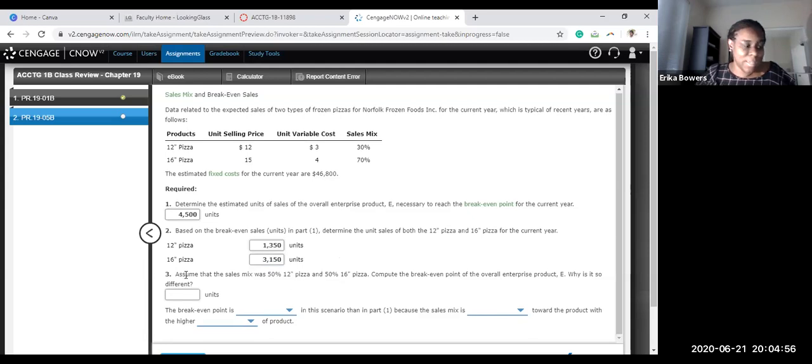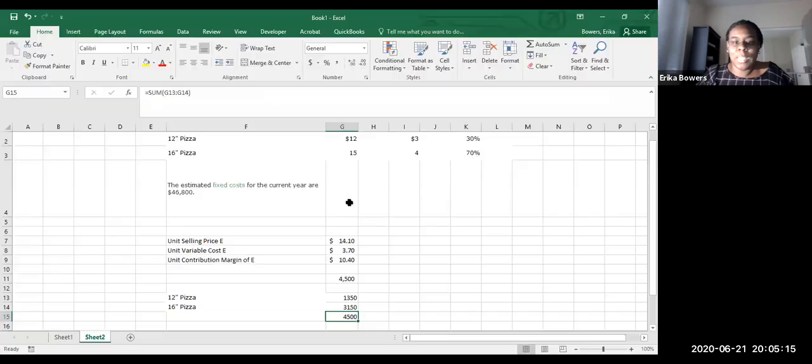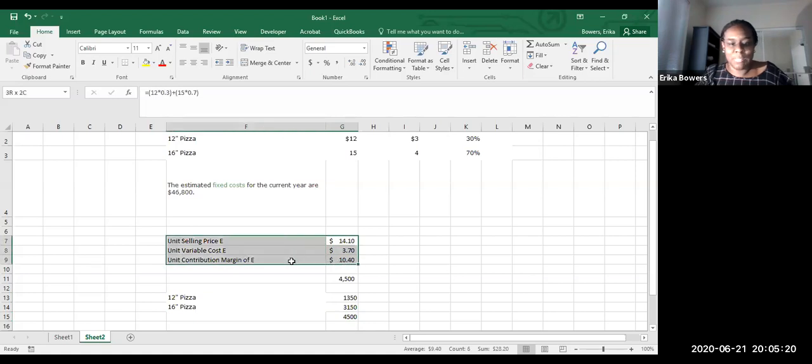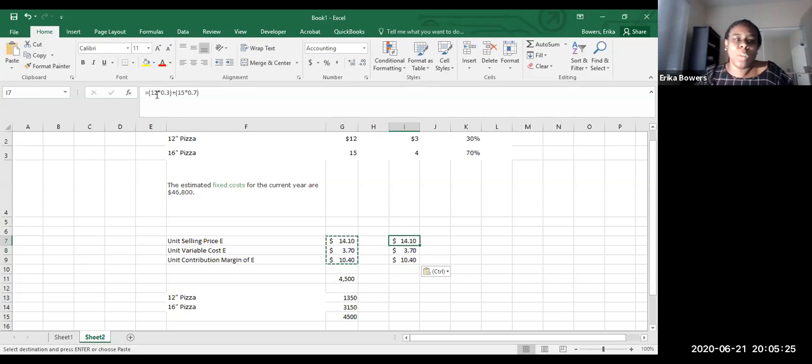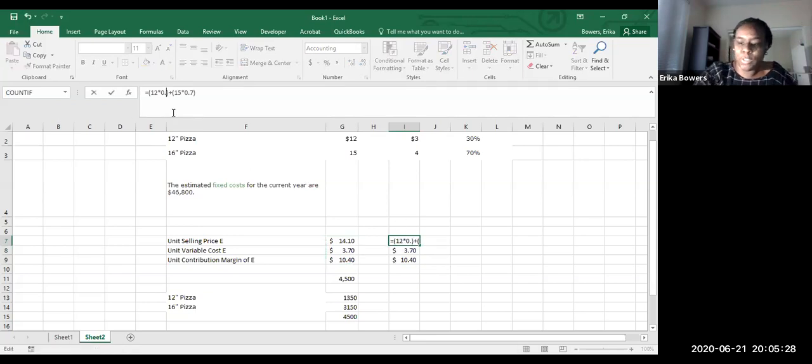Now it says, assume that the sales mix was 50% and 50%. Now we have a different number. I like to work smarter. So if this was 30/70, I'm going to copy these numbers and do 50/50. The new sales mix is 50/50.